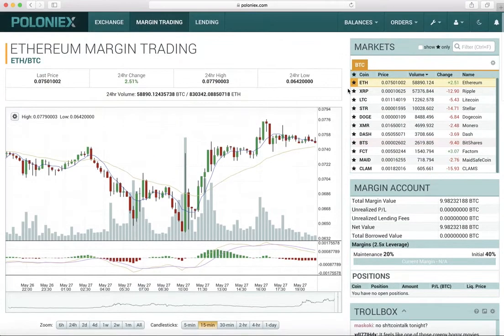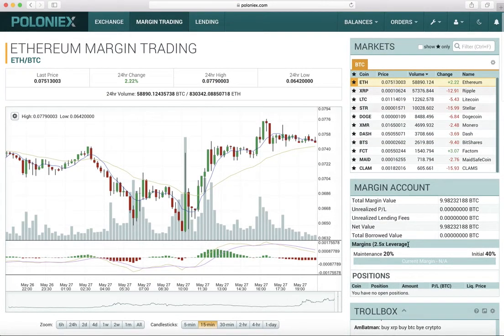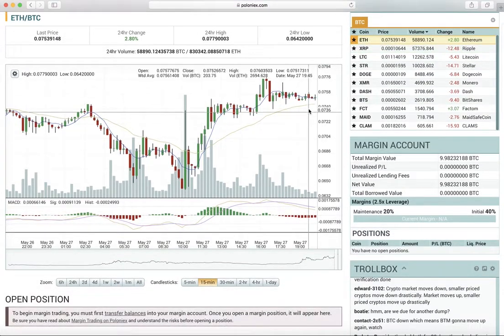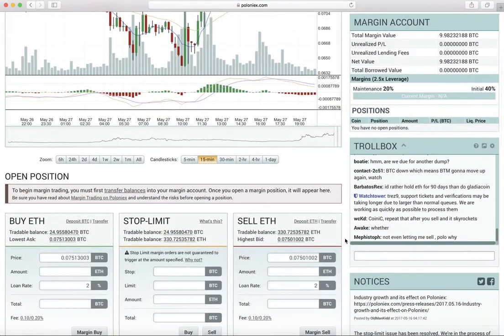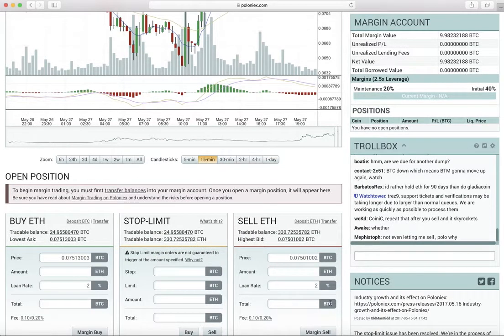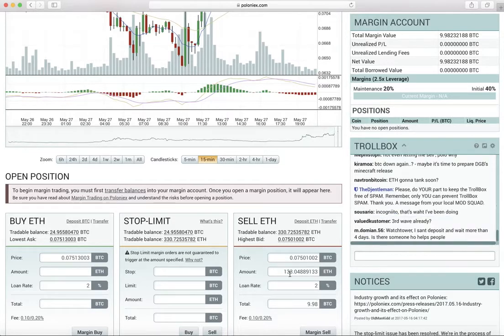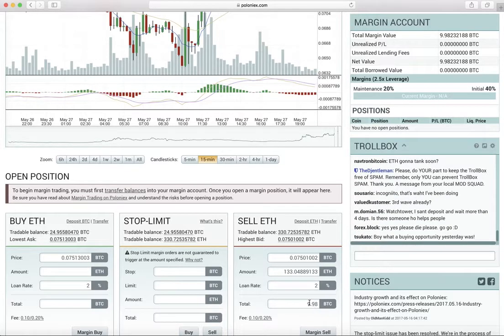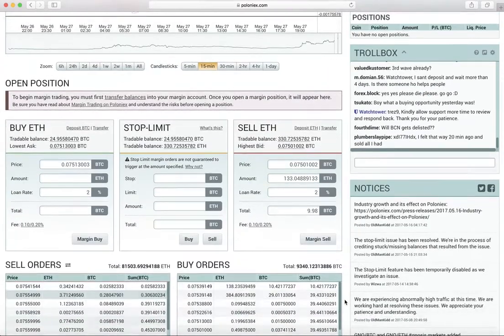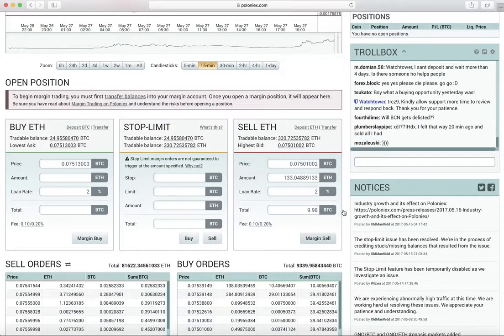So what I like to do, since I moved 9.98 Bitcoin, if I were going to short it, I would come over here and enter down in the total Bitcoin 9.98. All right, just forget this number even exists, and don't trade more than you have, please. It's way too risky. Then you click margin sell.